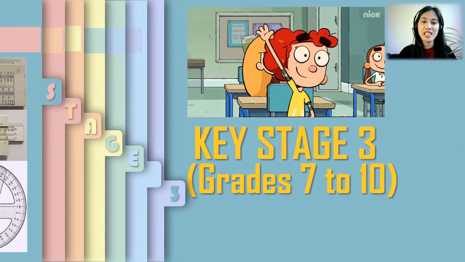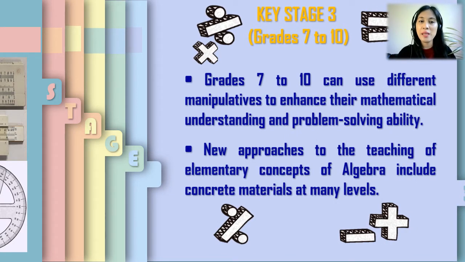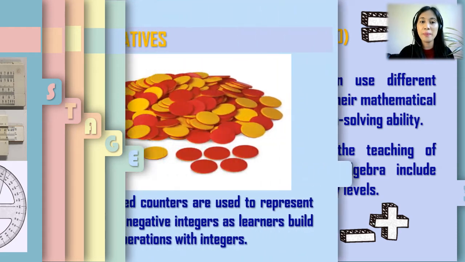For Key Stage 3, that is composed of grades 7 to 10 learners, they can use different manipulatives to enhance their mathematical understanding and problem-solving ability. New approaches to the teaching of elementary concepts of algebra include concrete materials at many levels.